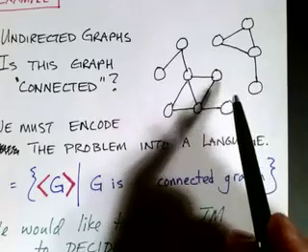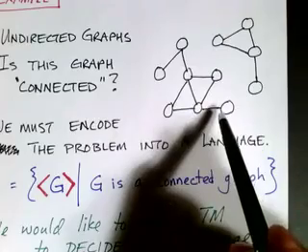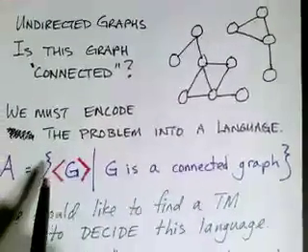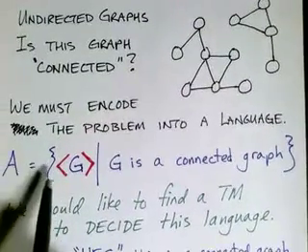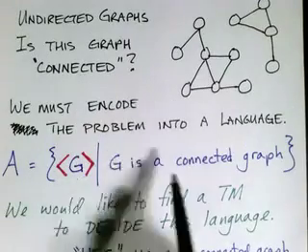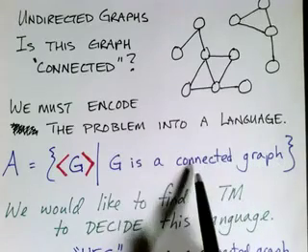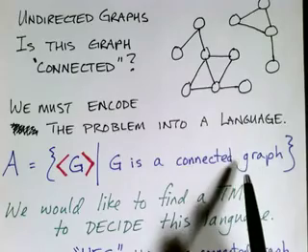But we have to figure out a way to represent graphs as strings. And then what we're saying is the language consists of all those strings that are representations of graphs, and furthermore, that are representations of graphs that are connected.